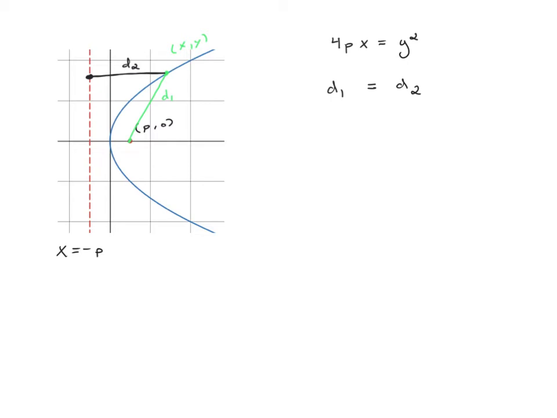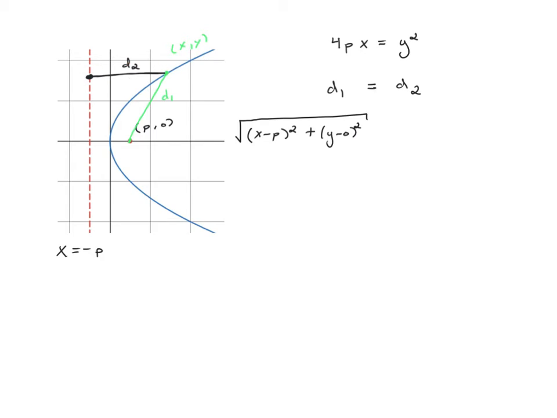So d1, the distance, is equal to the square root of (x minus p) squared plus (y minus 0) squared. That has to be equal to d2, the distance between these 2 points.